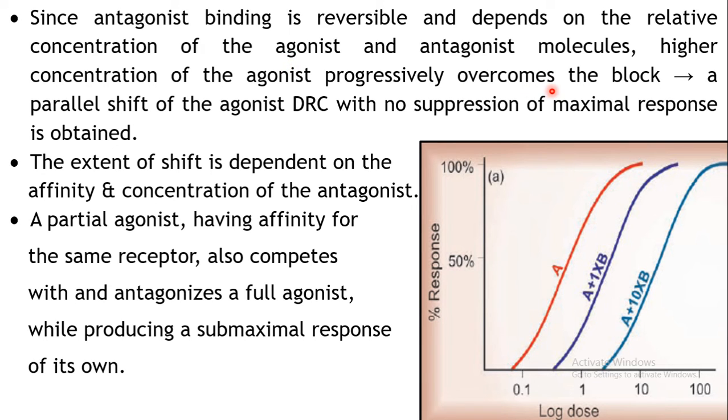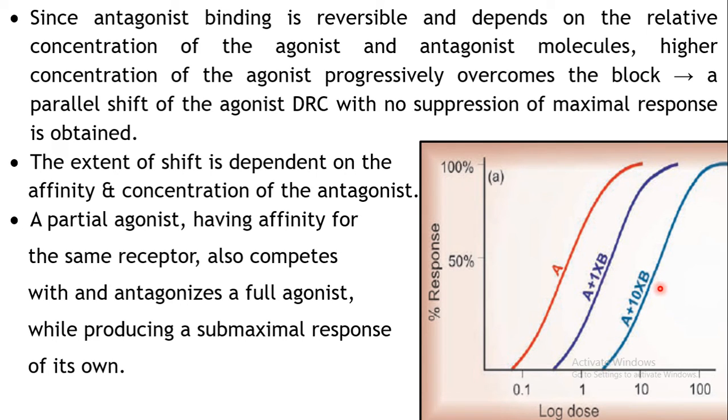Now in this type of antagonism, there is only a parallel shift in the DRC of the agonist. If you can see over here, this is the DRC of your agonist A. Now this is the DRC of the agonist in presence of the antagonist B, but here the amount of antagonist is, say, one time, that is, a particular amount.